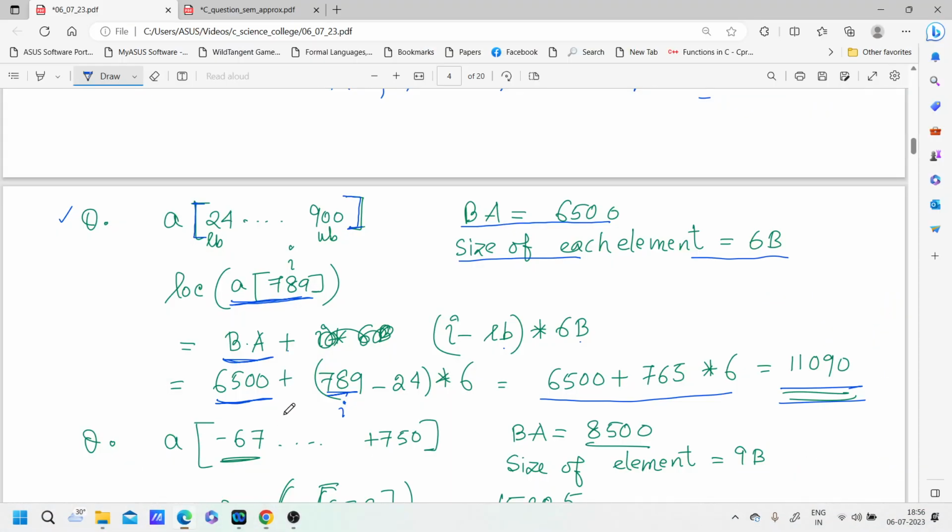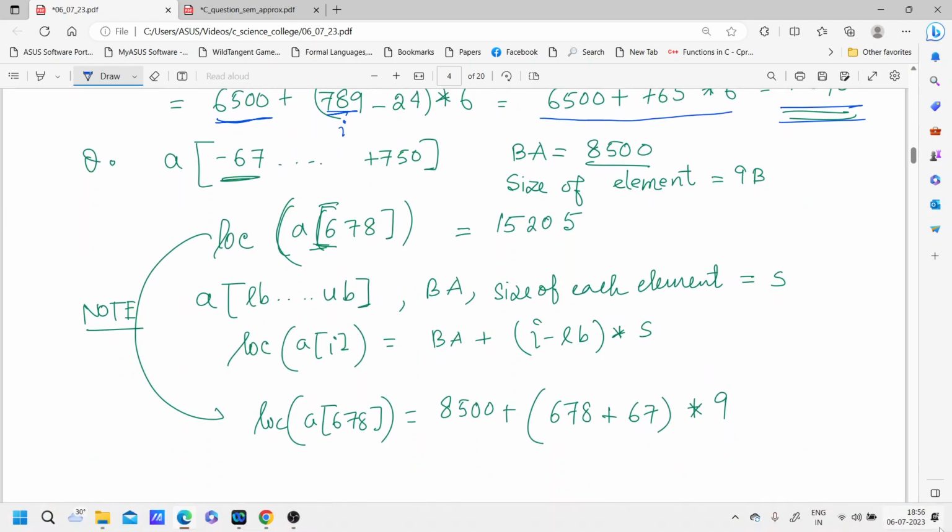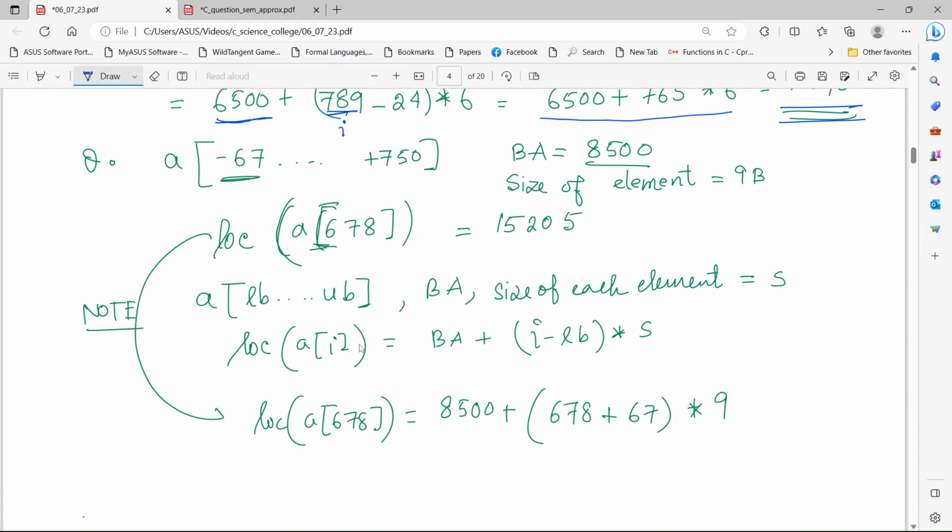Now the index may be negative also, right? Say the index is given like this: it starts from minus 67 to plus 750, right? The base address is 8500. The size of each element we take as 9 bytes.